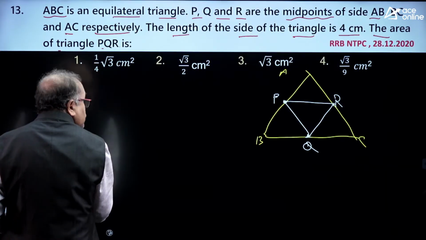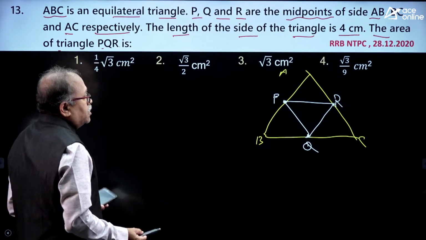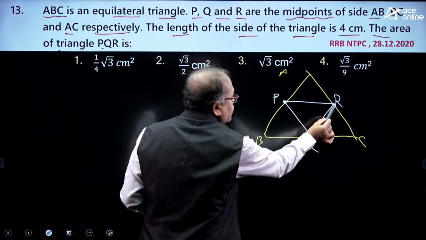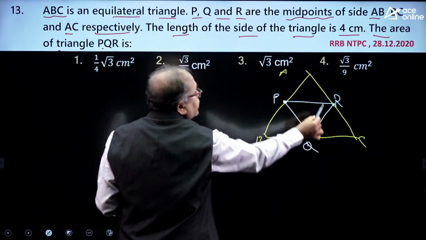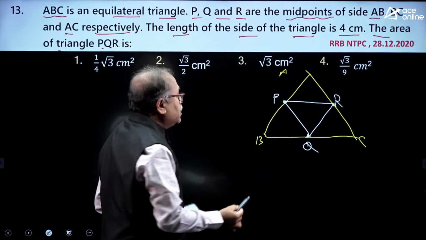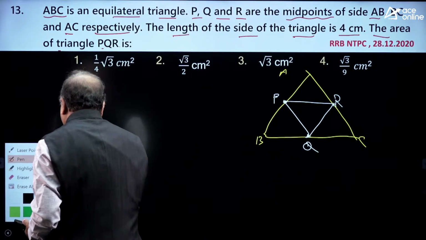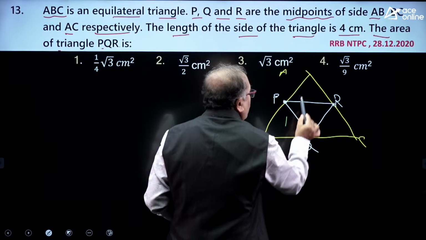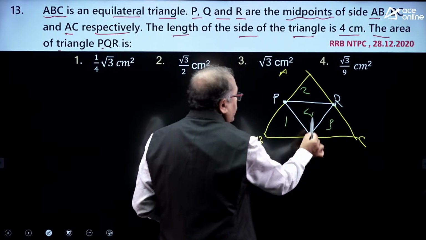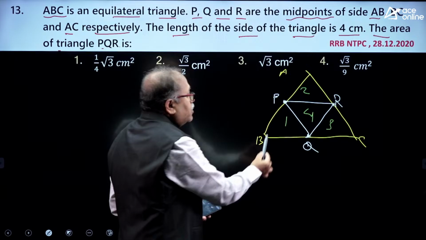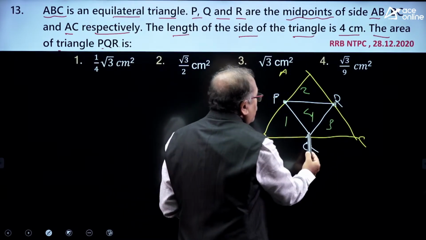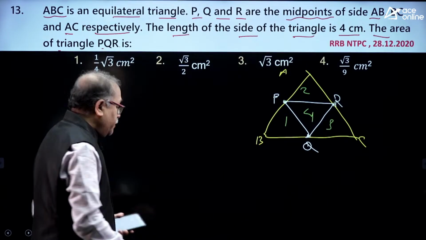What I understand over here is that as these are all midpoints, and this is an equilateral triangle, the whole area is getting divided into 4 parts, 1, 2, 3 and 4. Whatever the total area of the equilateral triangle, 1/4 of that will be the area of PQR.